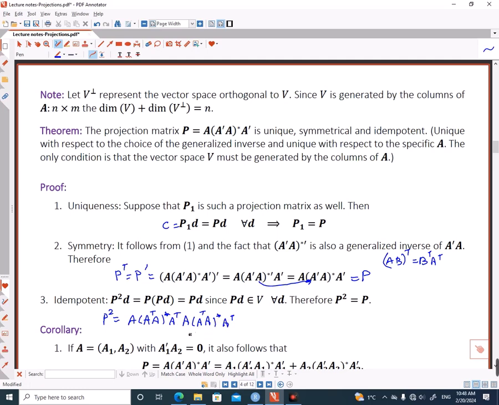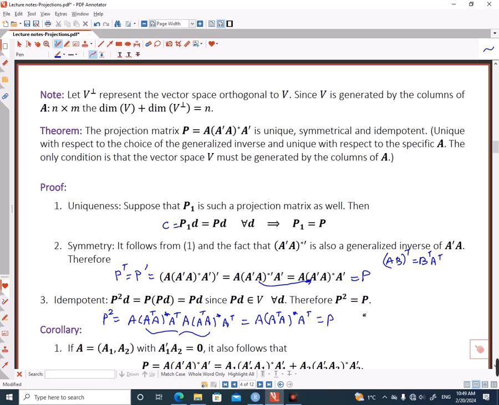From the definition of generalized inverse, I get A prime A generalized inverse A prime, which is equal to P. This proof is also simple, and it shows that it's an idempotent matrix.